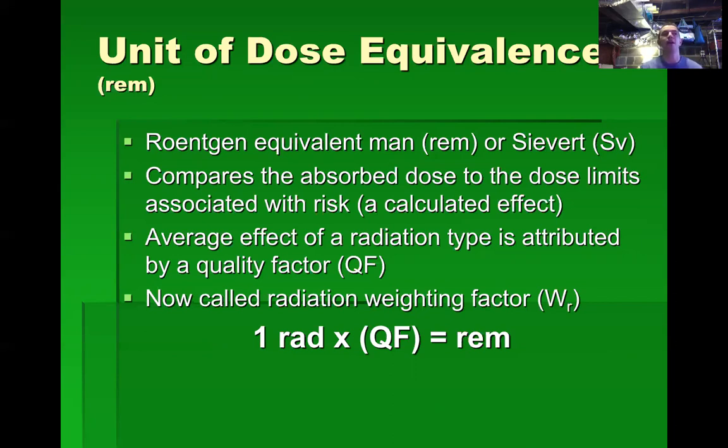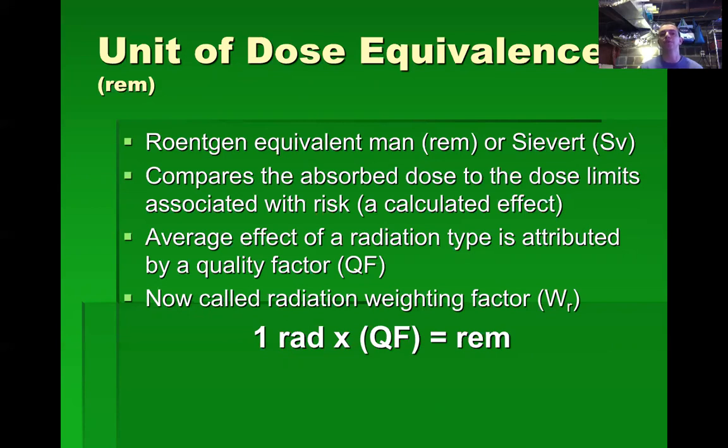This is taking that physical quantity of absorbed dose, something that is just energy per unit mass, something that can be directly measured, and you are trying to give a risk factor associated with that absorbed dose. So when you're talking about risk, you're talking about a human exposed to this radiation.